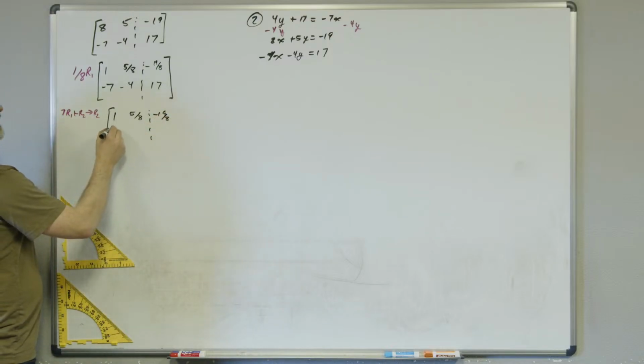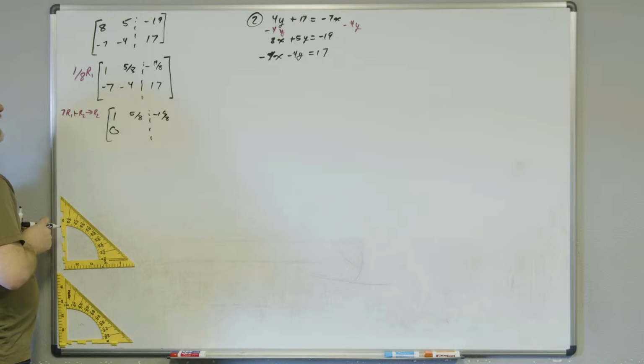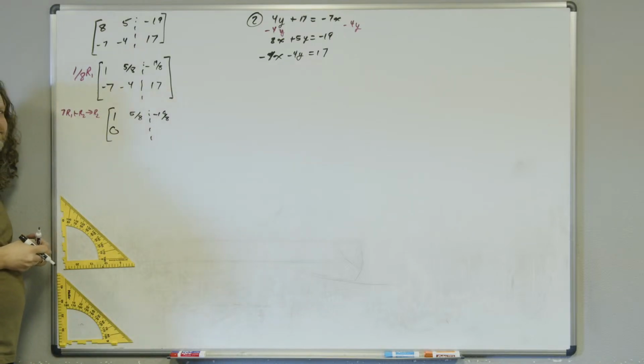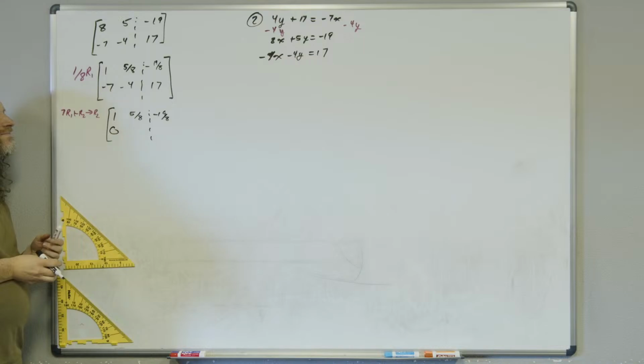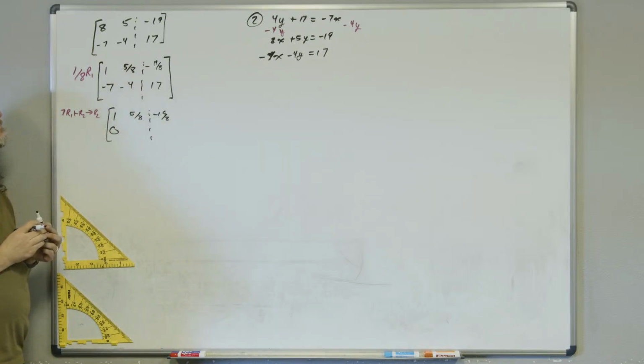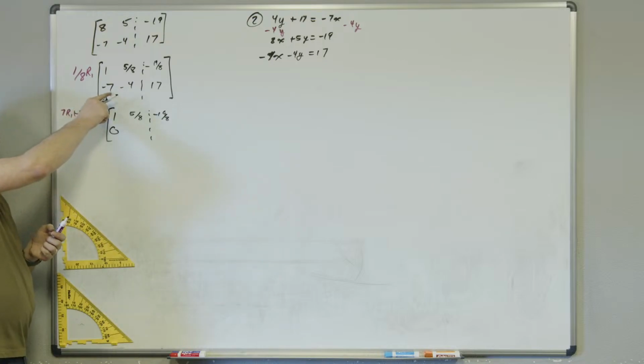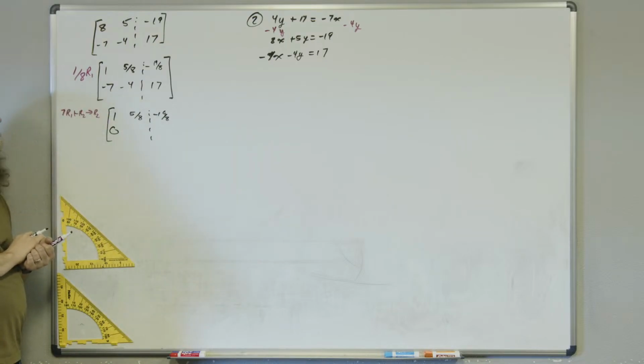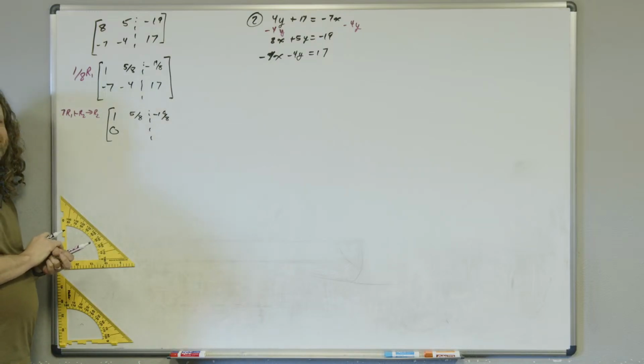So this would turn into a 0, because then when we add it to this, it's a 0. What is 7 times 5/8? 35/8. 35/8 minus 4 is what?